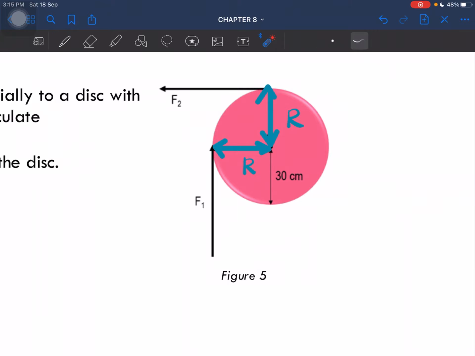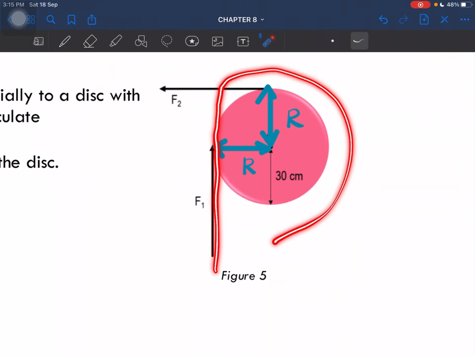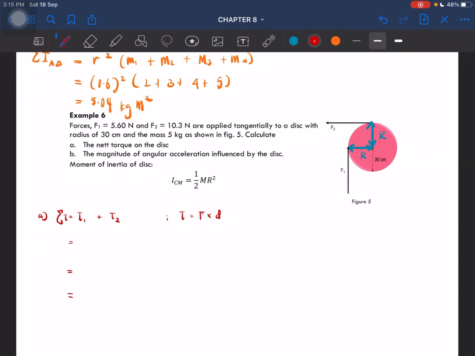Wait. Actually F1 is the one clockwise. So if F1 is clockwise, then this is negative, torque 1, plus the torque for force 2, which is going anti-clockwise, so this is gonna be positive, tau 2.